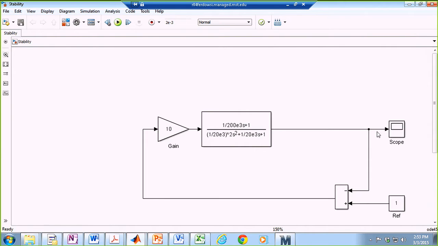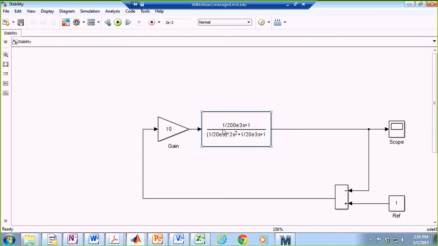This is the output of the system, and I'm observing this output using an oscilloscope. And I'm comparing that with a reference of 1. So ideally, I want my output to go to 1. And then I have this loop. You can argue that this 10 is part of your loop compensation network, or it is part of your transfer function. And for instance, this is my converter or something like that.